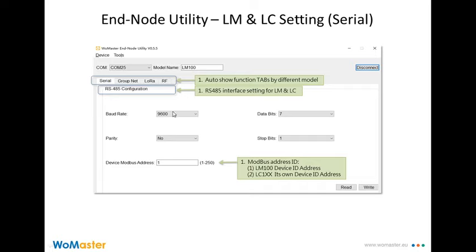Then fill the Modbus ID. For the LM100 and LC, users can pick the ID from 1 to 250, but it can be duplicated among the others in the LoRa subnet. In this utility, each setting can be written or read into the devices separately.